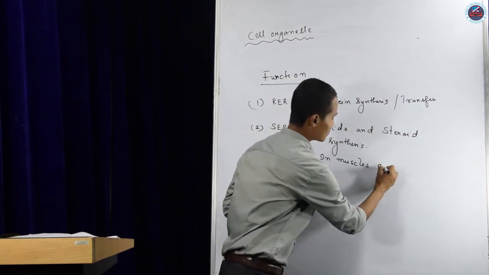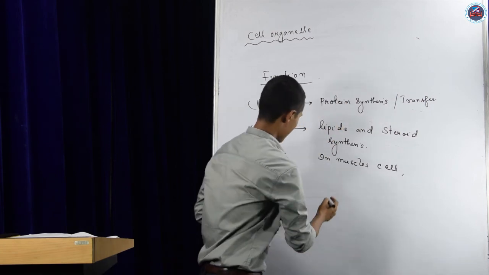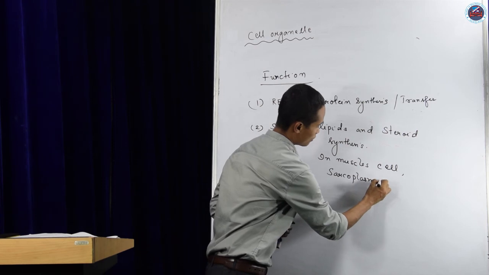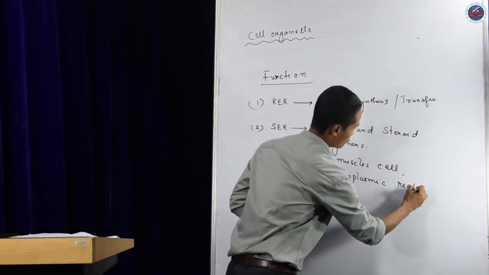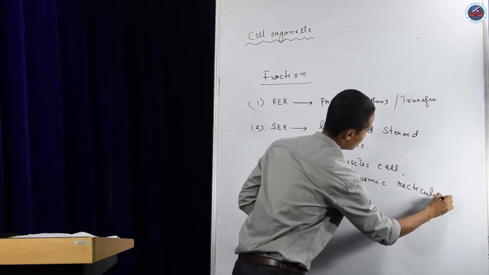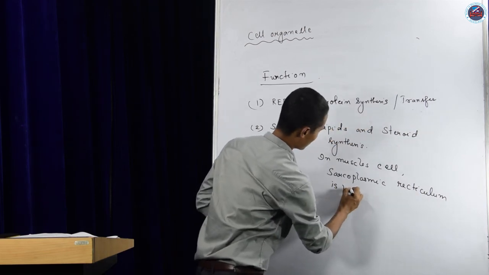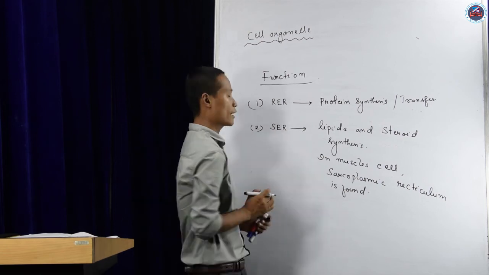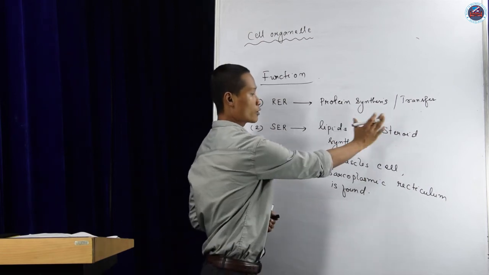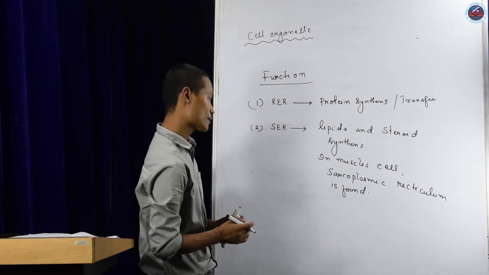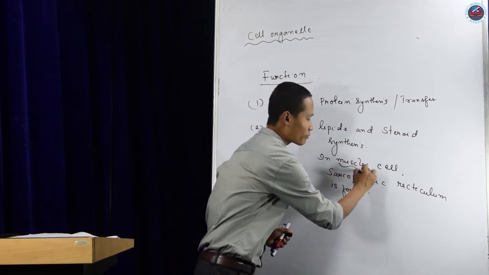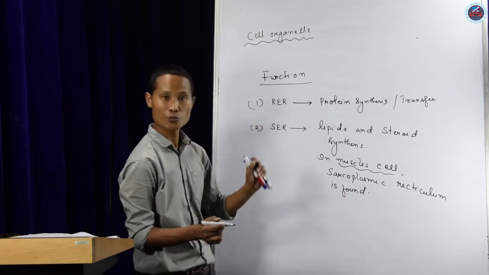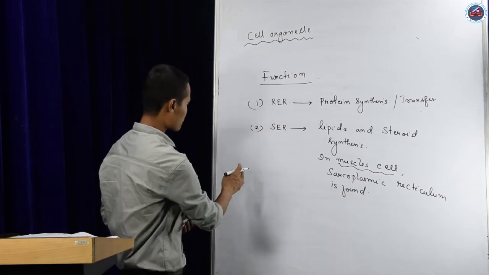In muscle cells, sarcoplasmic reticulum is found. This is an example of SER, which is responsible for the synthesis of lipids and steroids. So in human beings, in the muscle cells, you will find sarcoplasmic reticulum, which is a smooth endoplasmic reticulum.